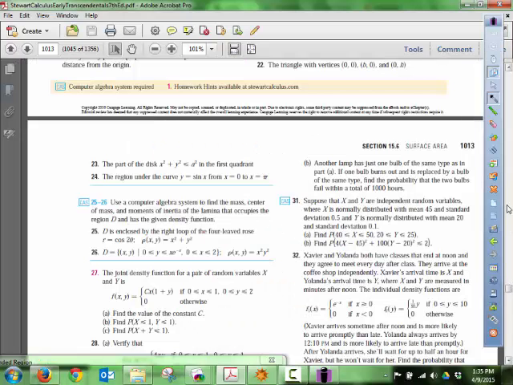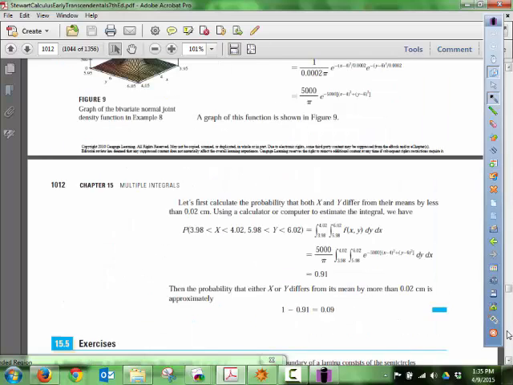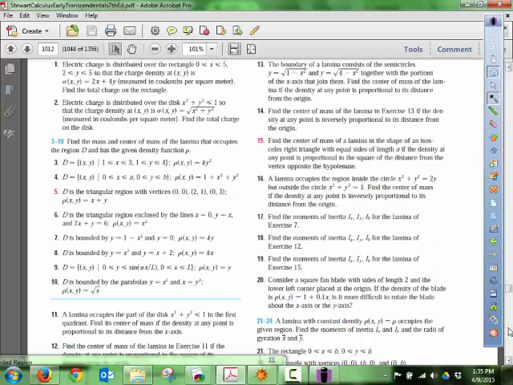So let's take a look at maybe a simple density problem before we get too carried away. We have to talk about center of mass also, but let's talk about the density first.